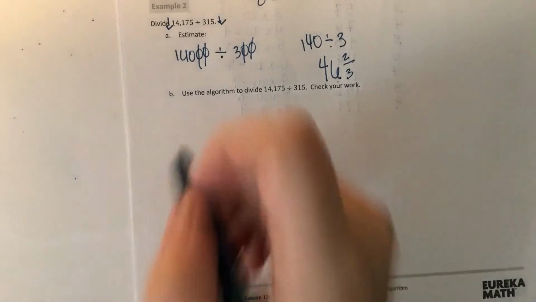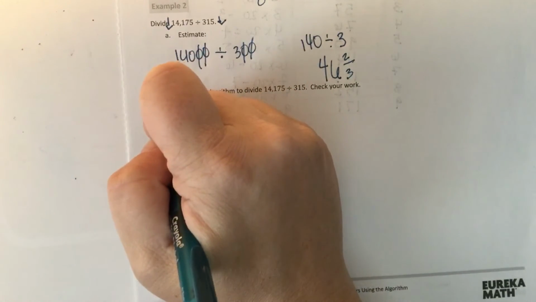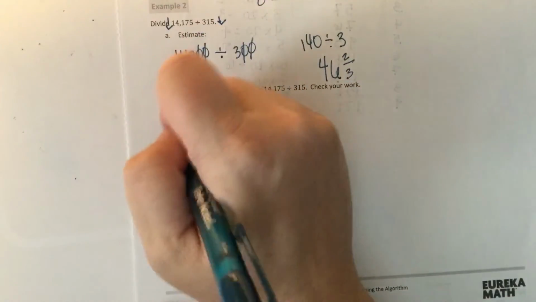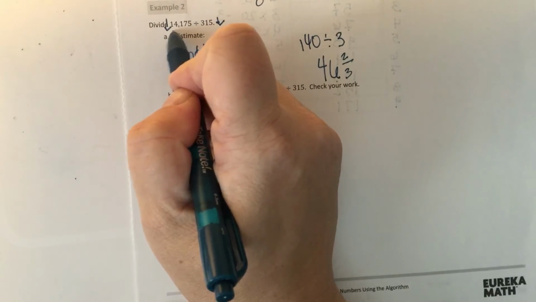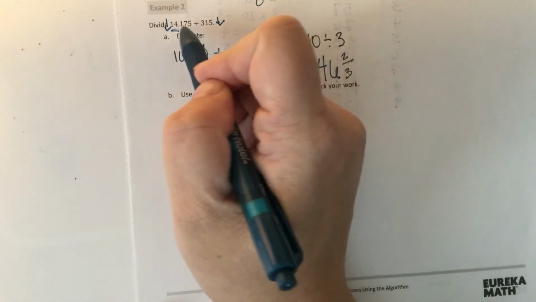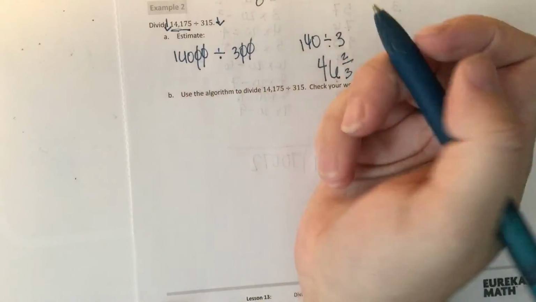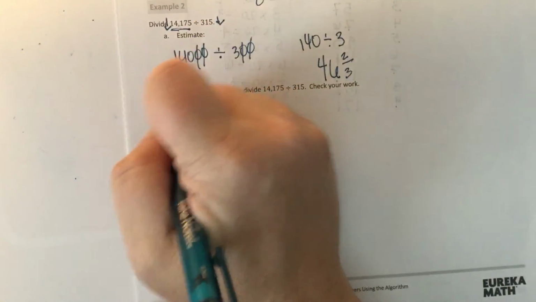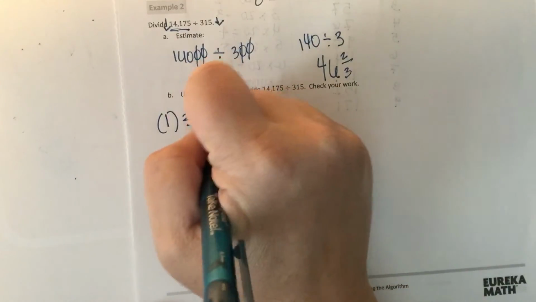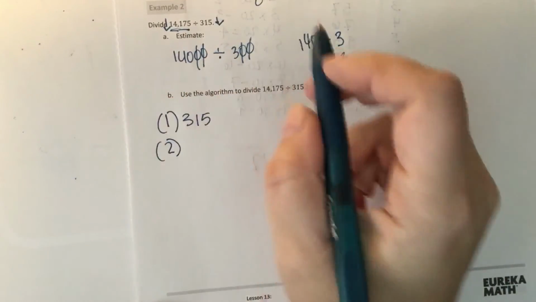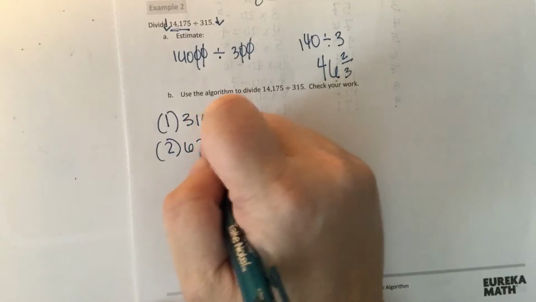First, I'm going to go up to 5, or let's see how far we need to go. I know 315 won't go into 141, so I have 1417 is what I need it to go into. So 1 is 315. 2 is 630, right?